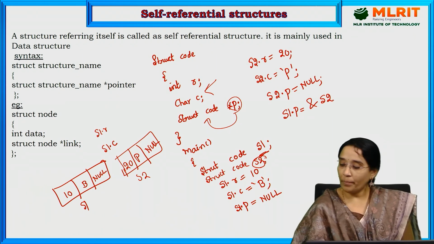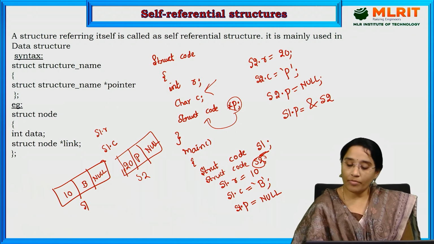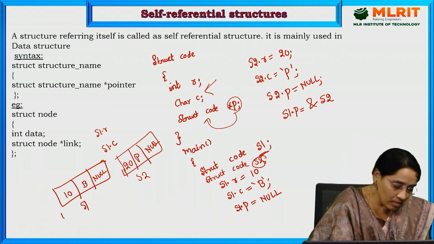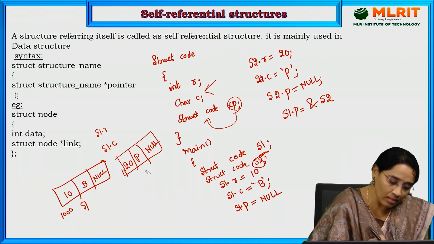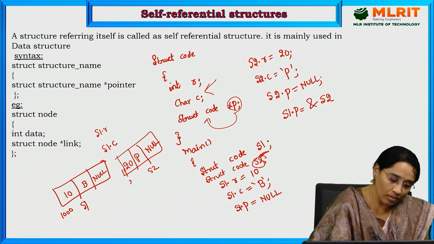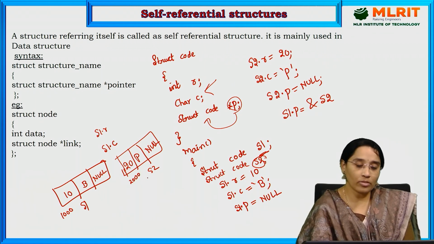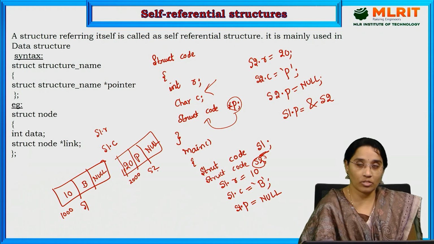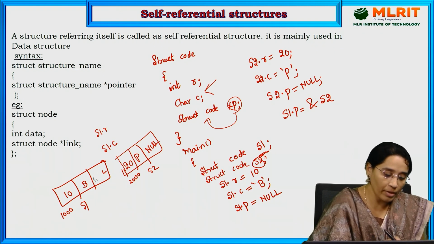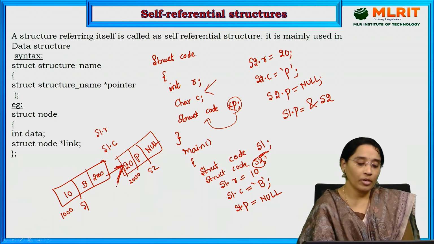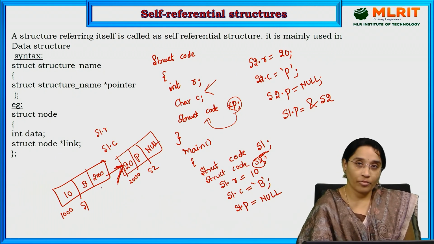So s1 dot p is equal to address of s2. Suppose this is at the 1000 location and the second one is at the 2000 location. So now it knows the address of s2, the next structure. So this address will be copied here. Okay, so this is how you can access the data from s1 to s2.